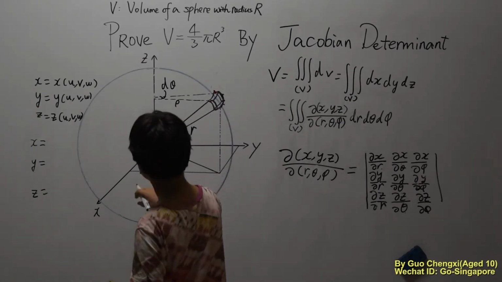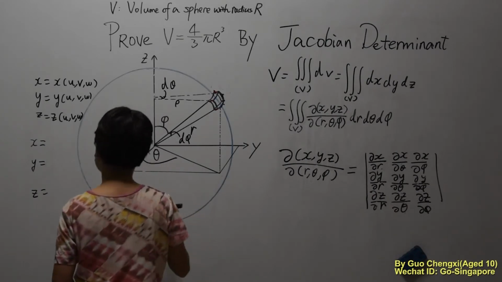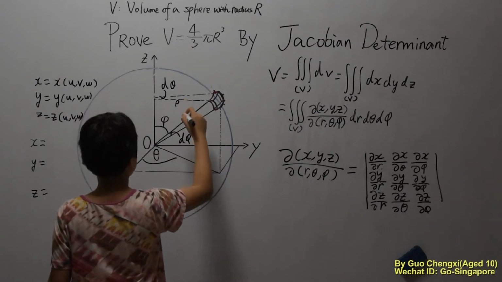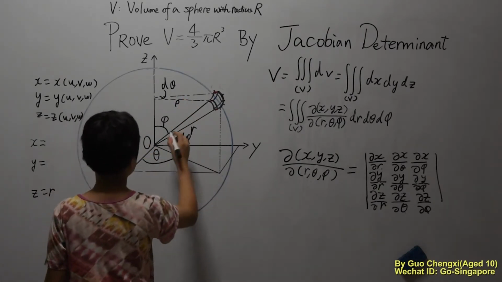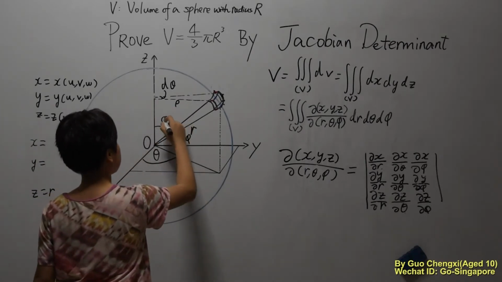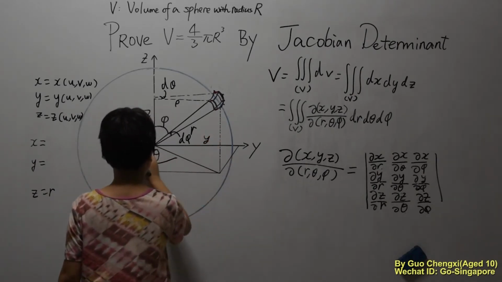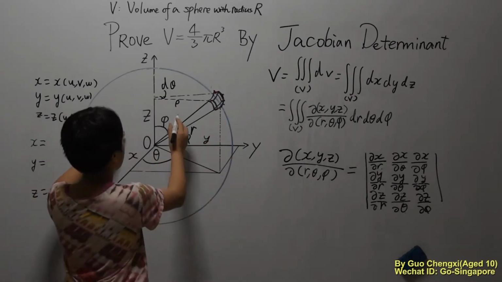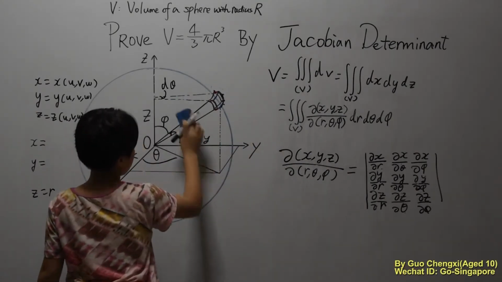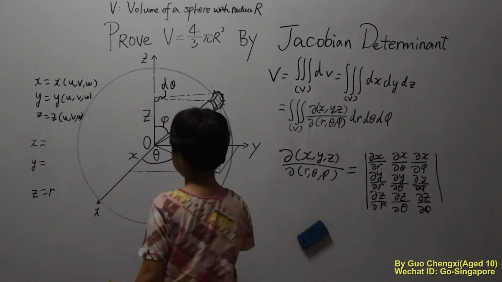So for this part, you can find z straight away. So z would be this part, r, and reminder this part is basically the z. Here is the y, and here is the x, okay? And here, this part will be a right angle triangle.